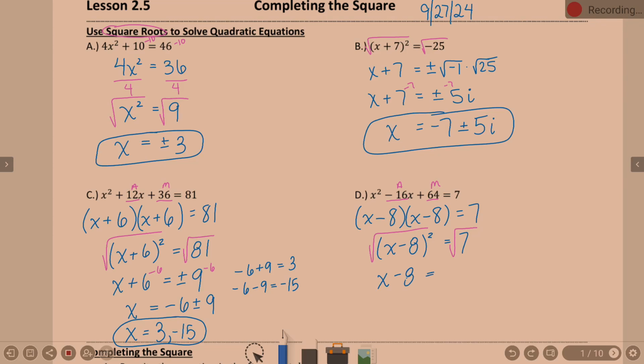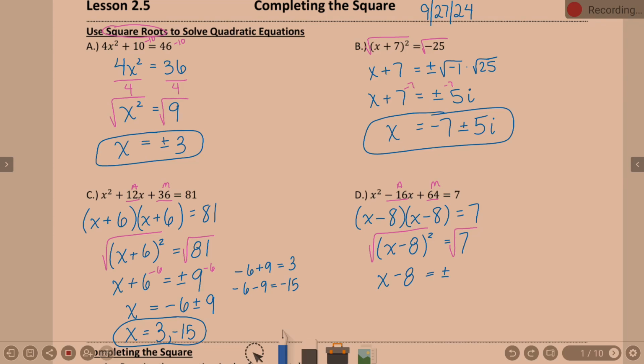The square root of 7. It'd be plus or minus the square root of 7. Are we good? Yeah, okay.